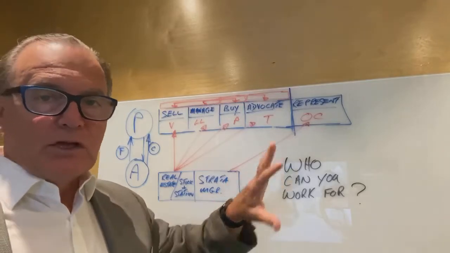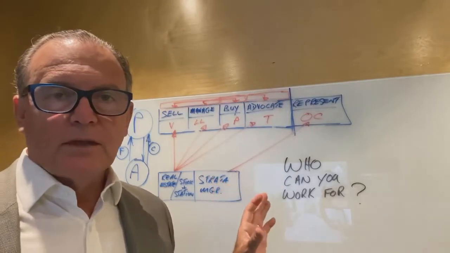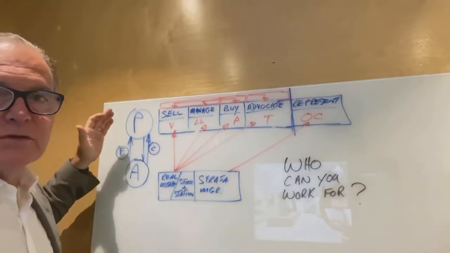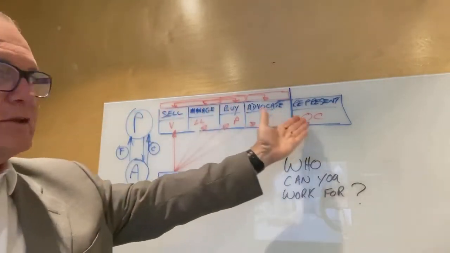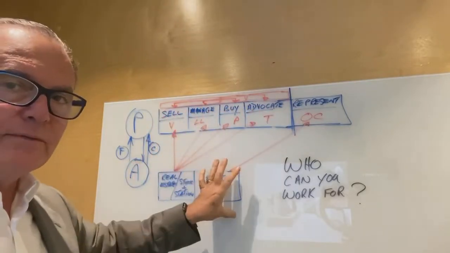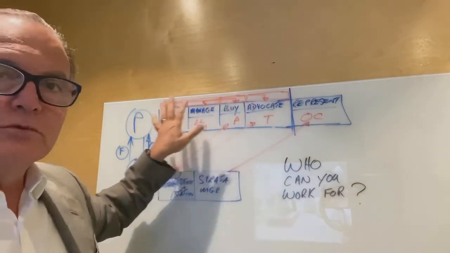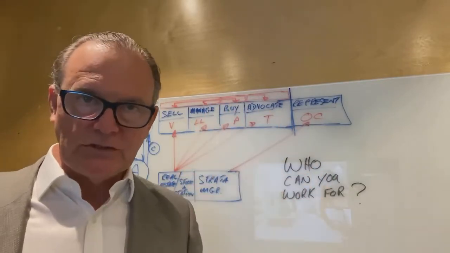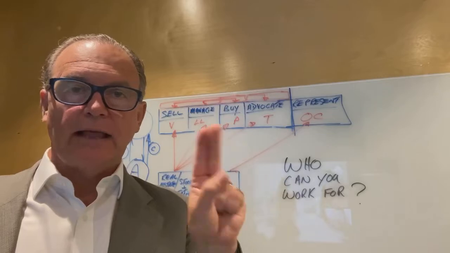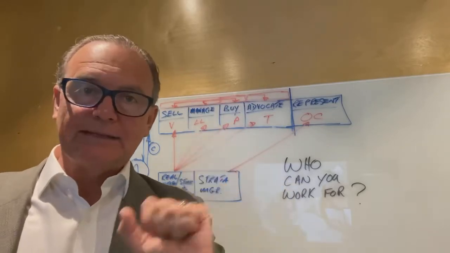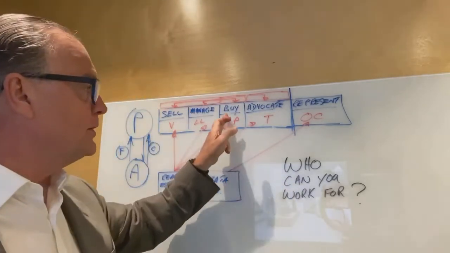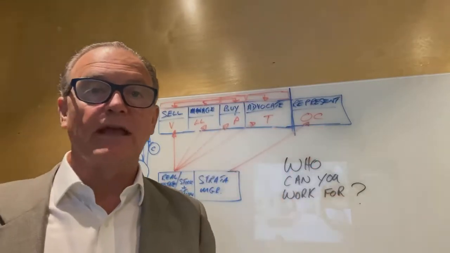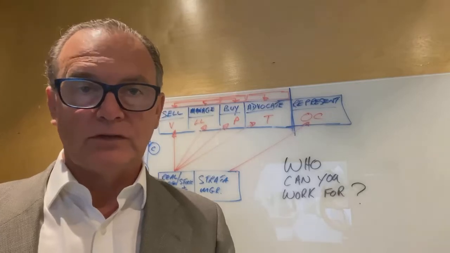So, just to summarize then, agents act for principals. The principals who they can act for will vary depending on what license you have and what role you choose to take. It's very common for real estate agents to act for vendors and landlords. Those same real estate agents can also act for purchasers, and they can also act for tenants in certain circumstances, as long as they avoid a conflict of interest.